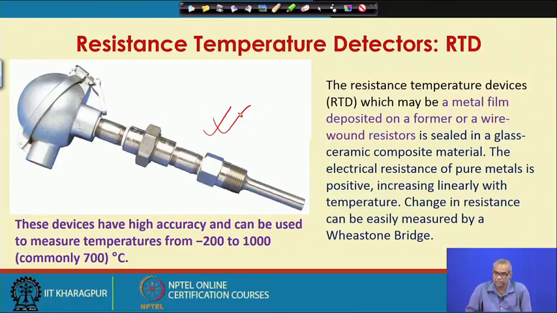The RTD, which may be a metallic film deposited on a former or a wire wound resistor, is sealed in a glass ceramic composite material.